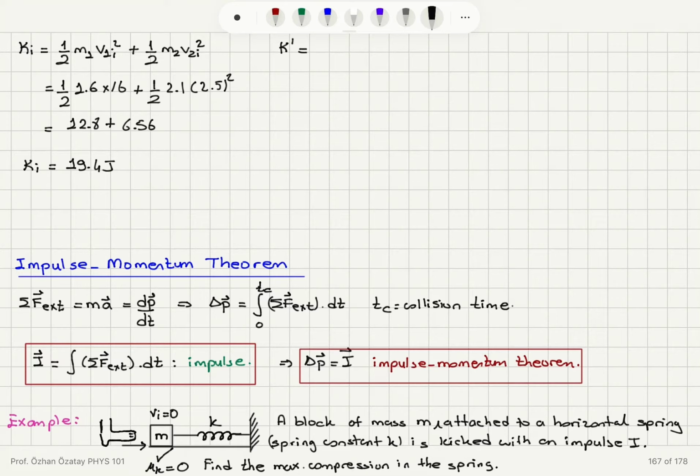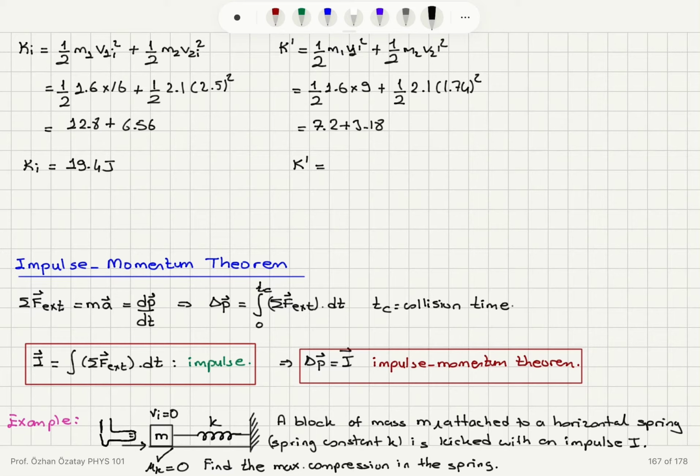The primed kinetic energy during the collision process is 1/2 m1 v1 prime squared plus 1/2 m2 v2 prime squared. This is 1 over 2, 1.6, 3 squared, which is 9, plus 1 over 2, 2.1, 1.74 squared, and that becomes 7.2 plus 3.18. You can see the primed kinetic energy is 10.4 joules.